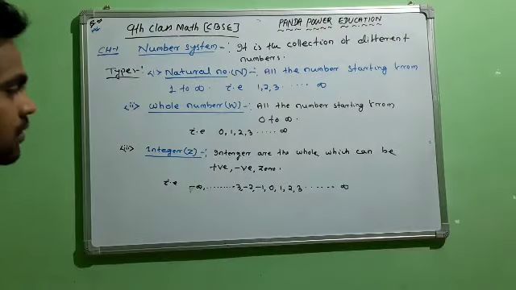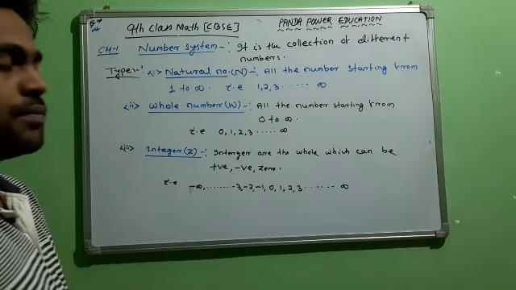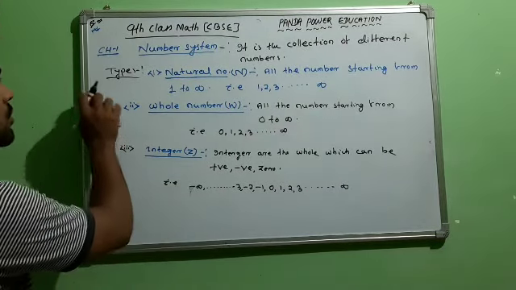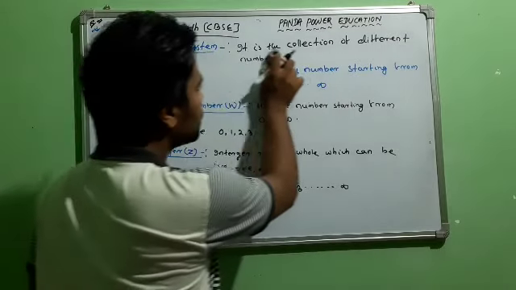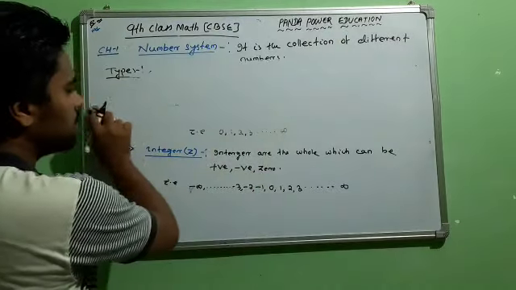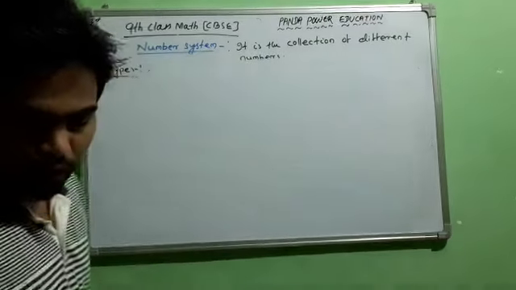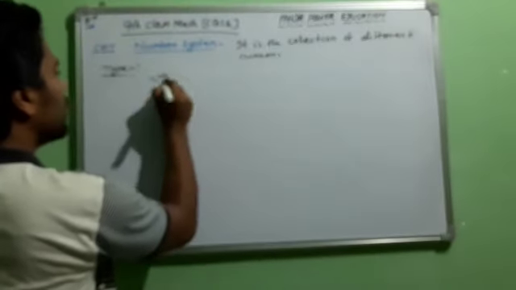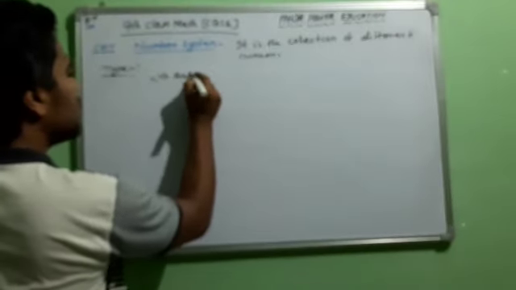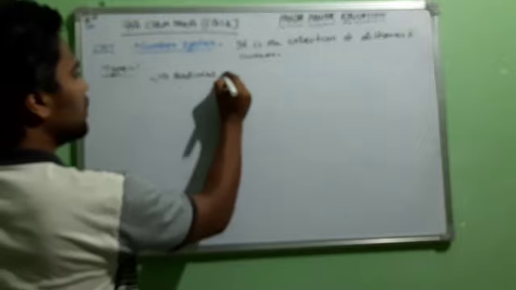Next, write down in your notes. The fourth one is rational numbers. Very, very important.